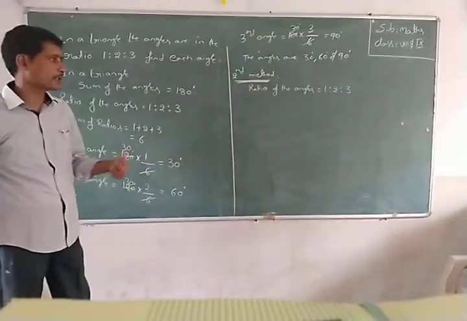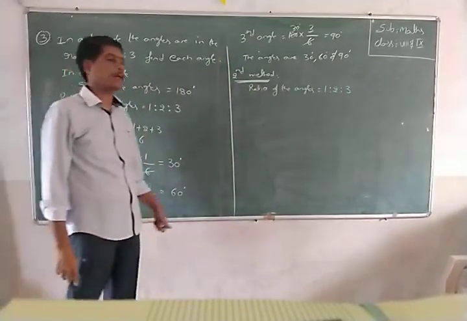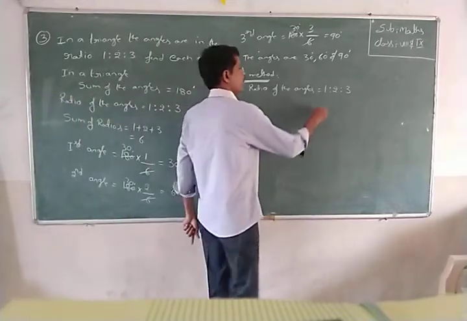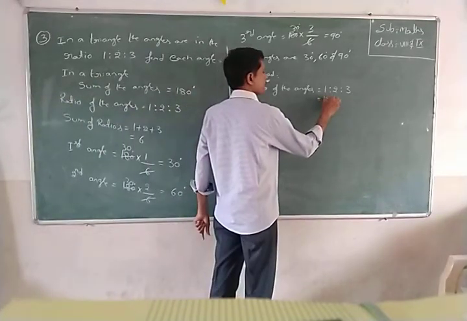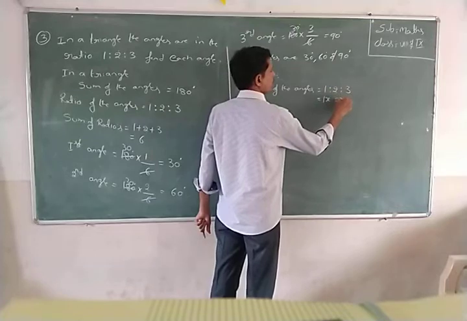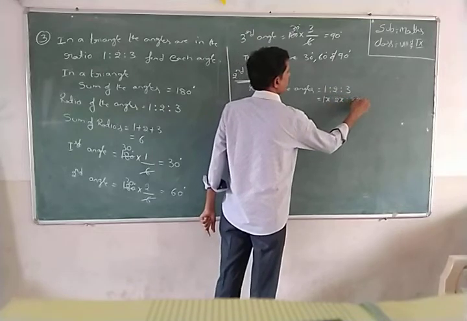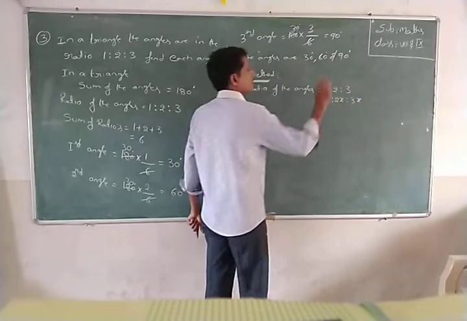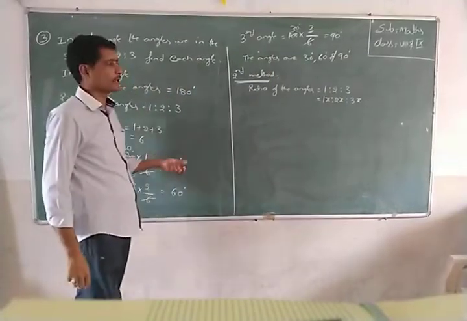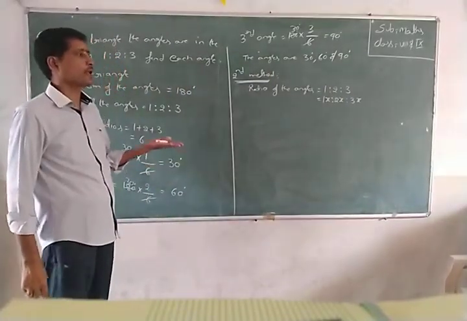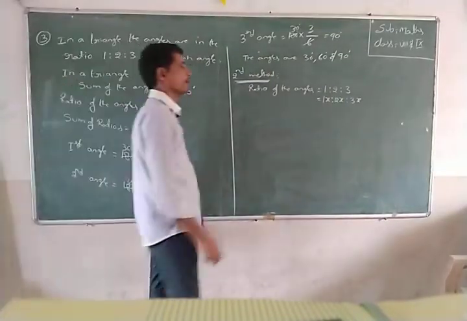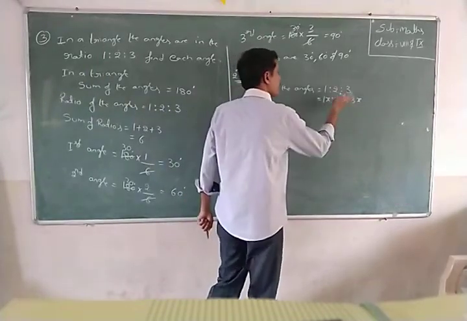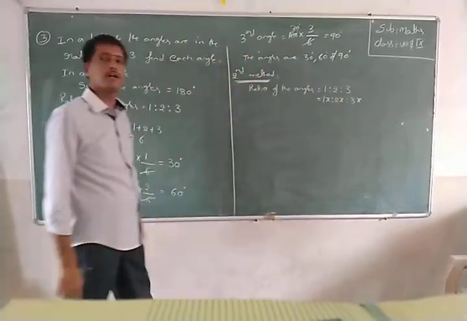In the previous class we discussed ratios and their applications. Therefore it can be written as 1 into x, 2 into x and 3 into x, that is 1x, 2x, 3x. The common x cancels, and you get the same 1:2:3.